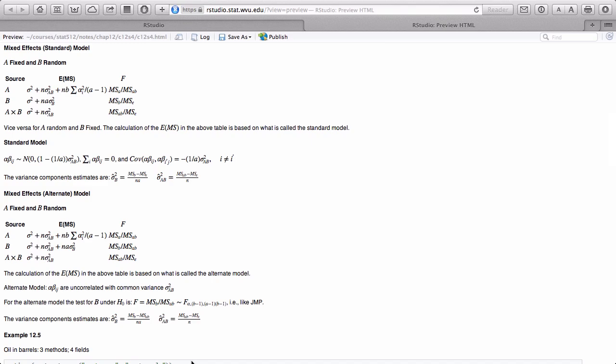Of course, you could recompute it in JMP, just like you can recompute it in R. So, are there any questions on that? Again, what I said is that we are going to learn how to compute expected mean squares using the standard model in this book.